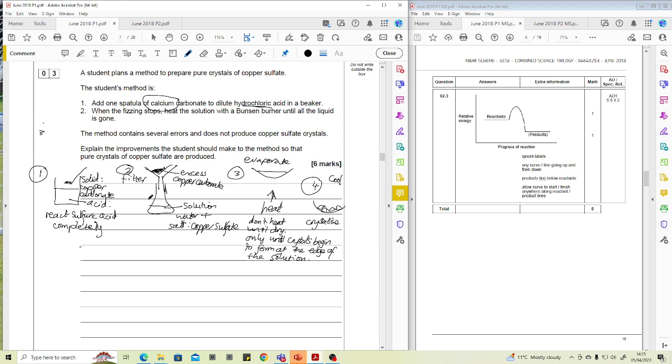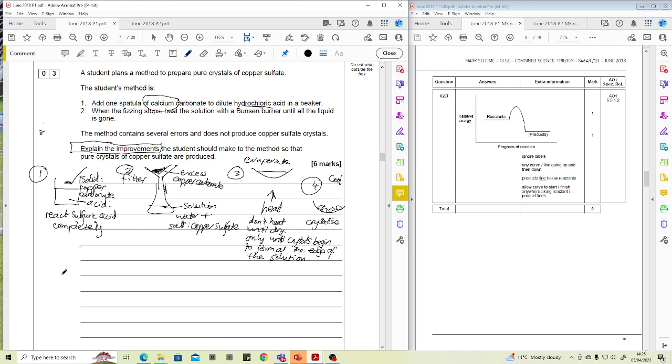So by drawing diagrams like this, you could get lots and lots of credit, but we do need to explain the improvements. So yes, we've got a new method, but we've got to explain why there's the improvements to make. So we could just write a brand new method, and when I was marking this, lots of people did that. But a better answer will say you have to do this instead because.